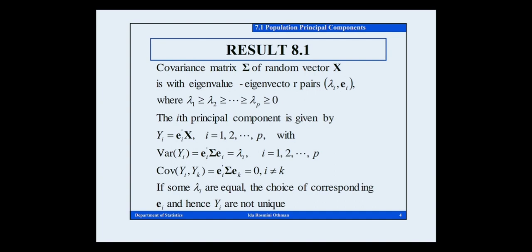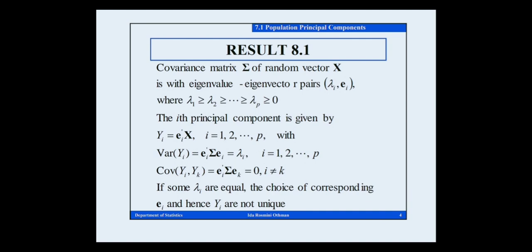We have the variance covariance matrix big sigma with eigenvalues and eigenvectors lambda i and ei. Remember before this, what the eigenvalue and eigenvector are, which you learned in chapter 2. You know how to find the eigenvalues and eigenvectors. The notation for eigenvalue is lambda i.